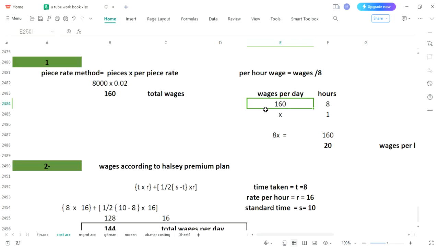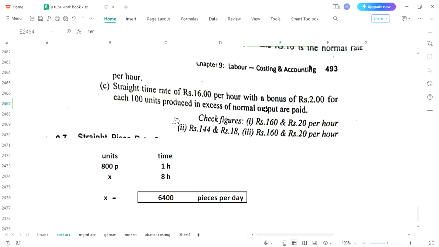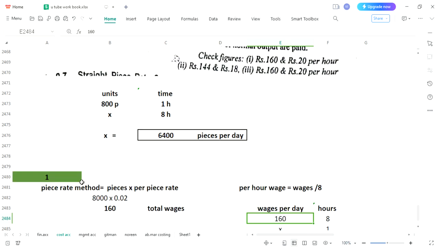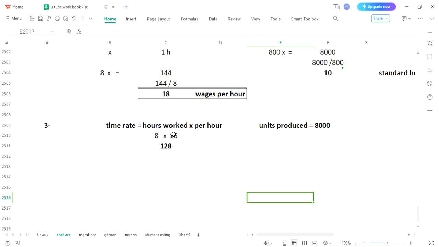Even before starting our first part, we calculated pieces per day. Just reminding you, 800 units were asked to be made in 1 hour. The worker worked for 8 hours, so he was responsible to make 6400 pieces per day.